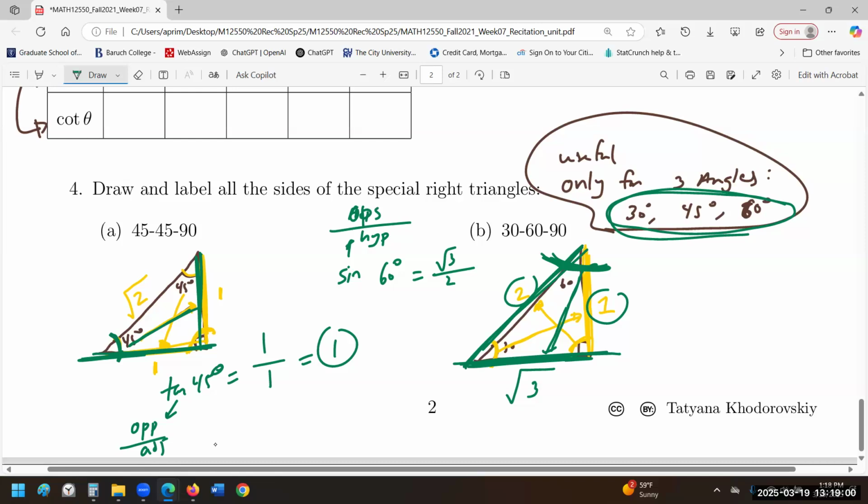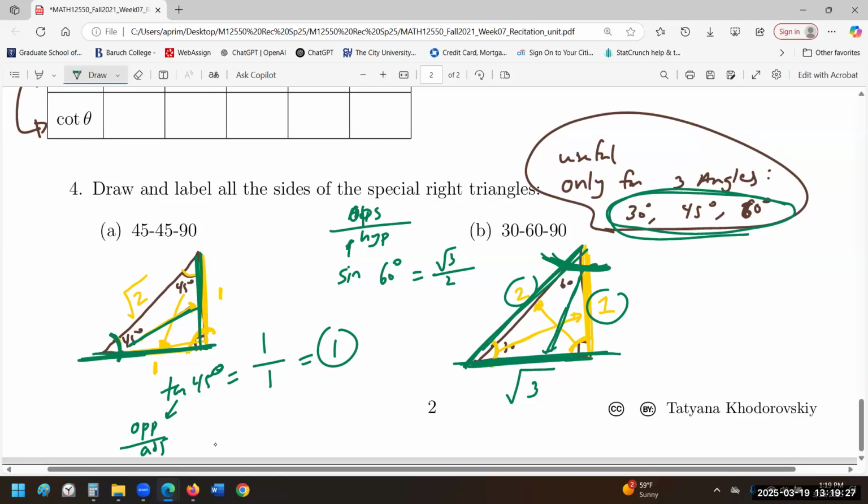So we learned 3 tricks today. One is the unit circle, one is the table, and now the triangles. Any question about any of these? Was anything unclear, confusing? Nothing?